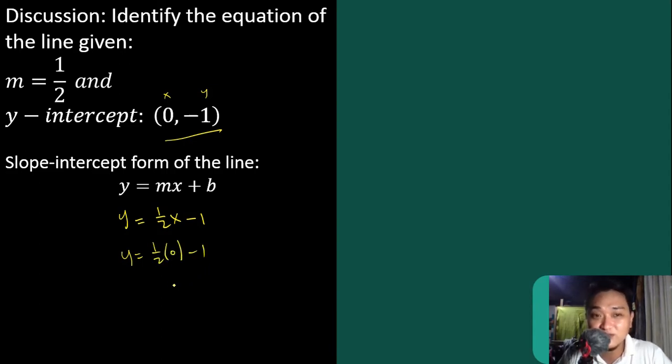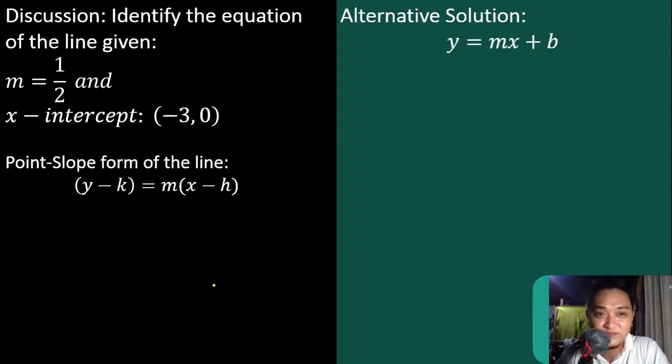What will be the value of y? The value of y is -1. So -1 is equivalent to 1 half times 0, which is 0. What is left is -1. So correct. Our equation of the line is correct. y is equivalent to 1 half x minus 1.